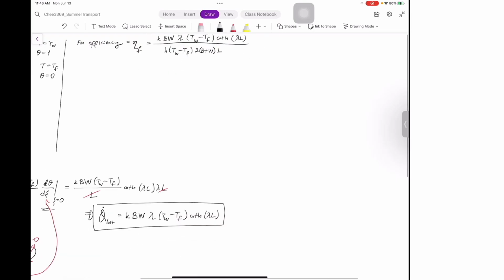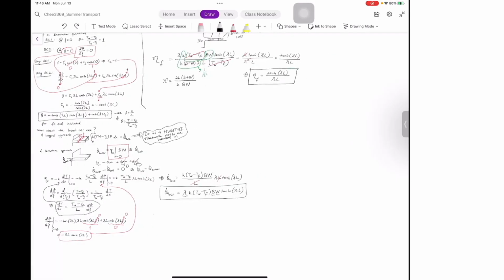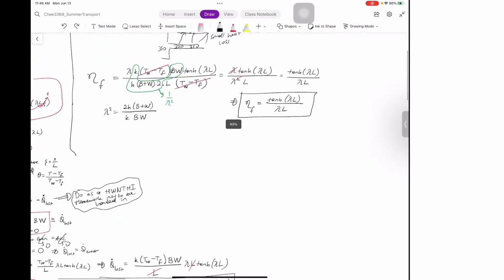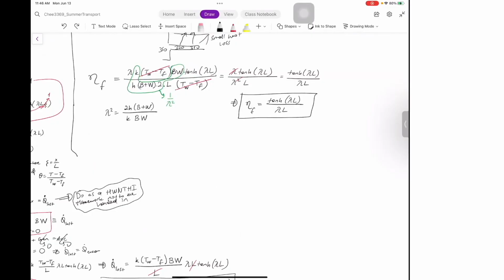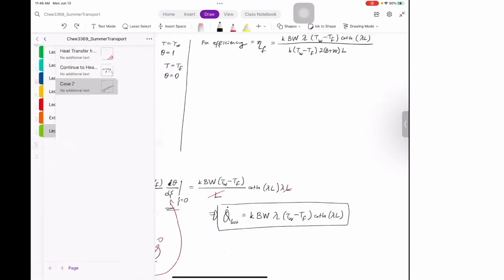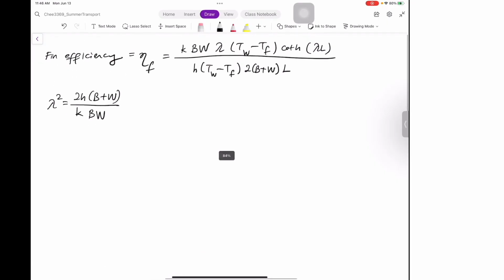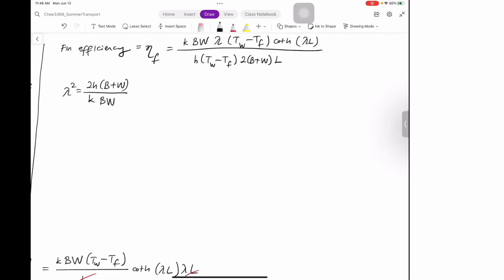And from the previous notes, lambda square is 2h over k times B plus W over B W, right? So let's pinpoint where is the lambda square in this expression.